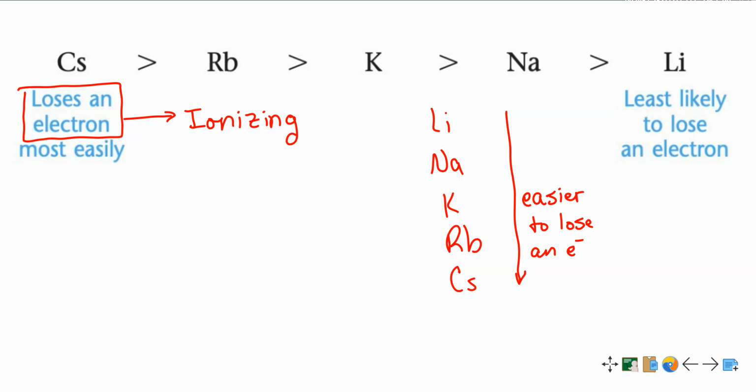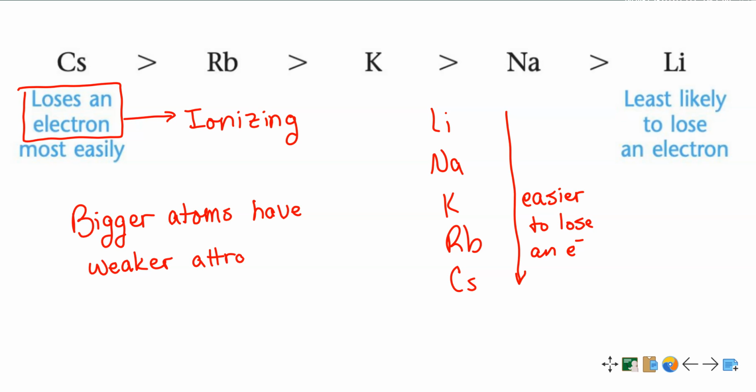So, bigger atoms have weaker attraction to valence electrons.